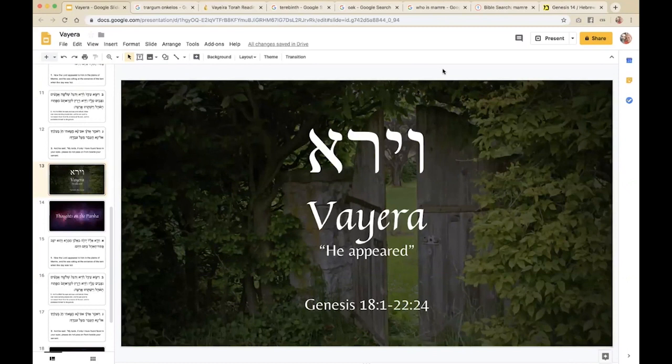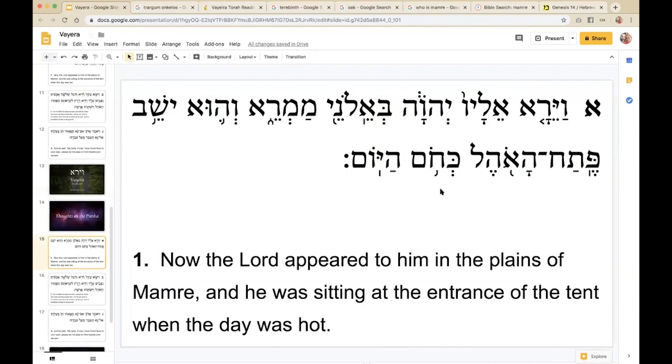Boker tov, chaverim. Good morning, and I wanted to give a few thoughts on the Parsha for the first verse. We already went through the lesson, but here it says Vayera elav Adonai be'elonei, translated as, now the Lord appeared to him in the plains.